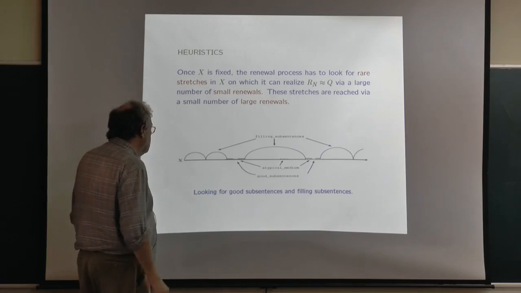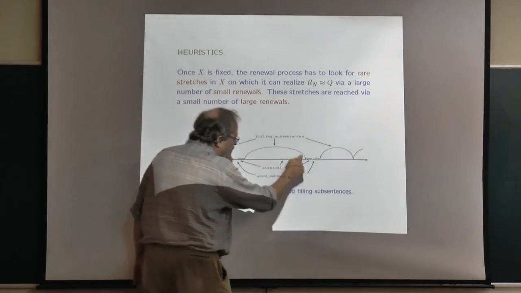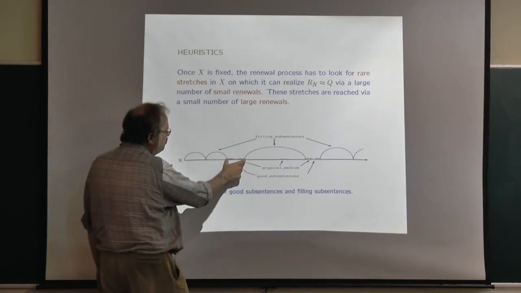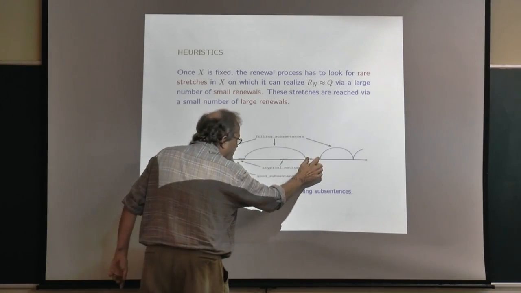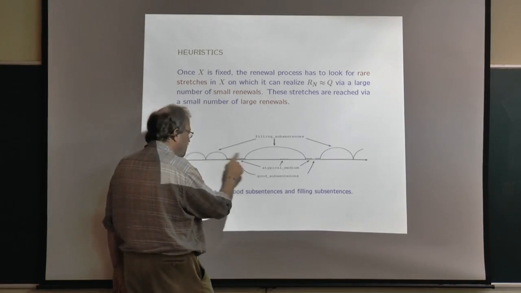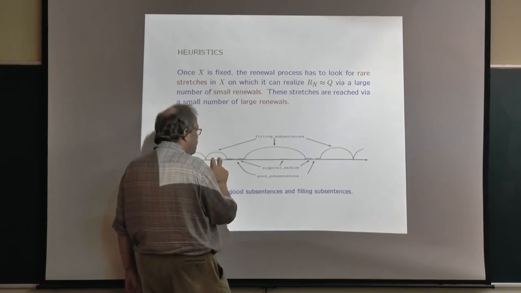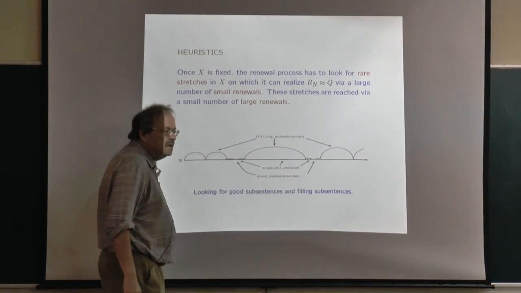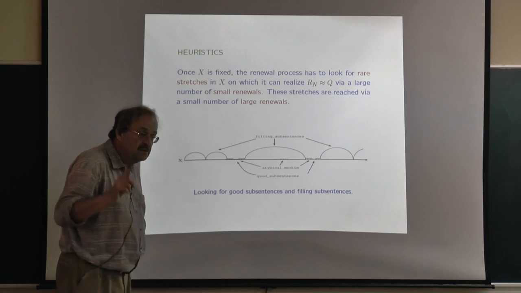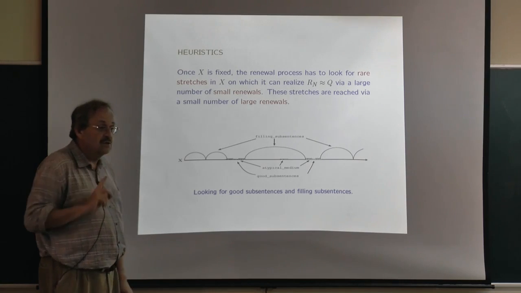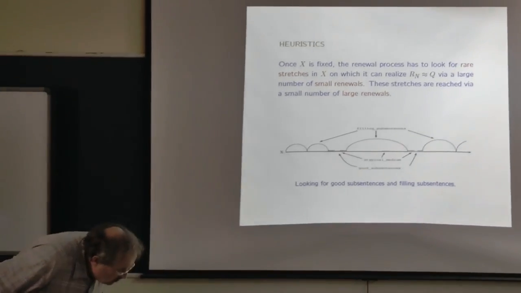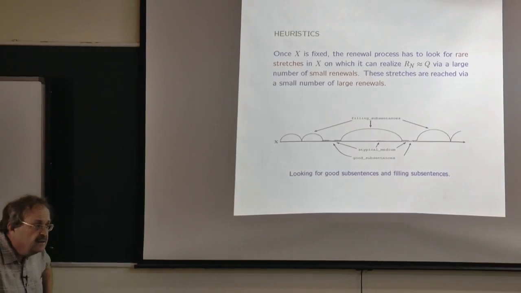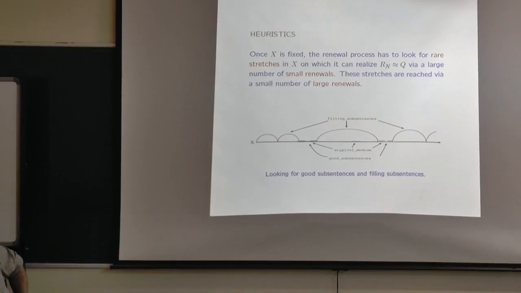And then all you have to do is to make a very small number of big jumps to go to these regions. And as long as these regions are very much more in number than these few here, these few I will never really see in my empirical distribution because I'm doing a large deviation in the weak topology. Okay, so that is sort of the secret behind the large deviation principle.